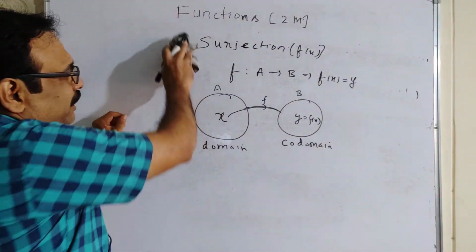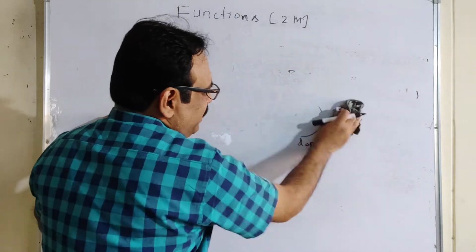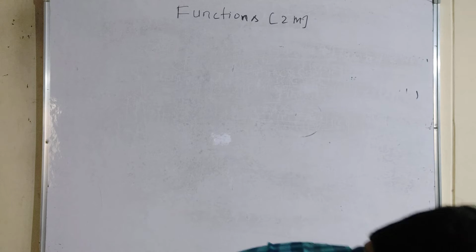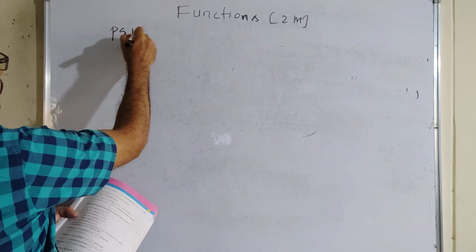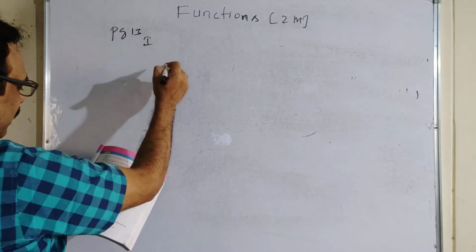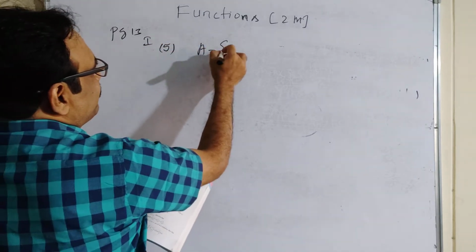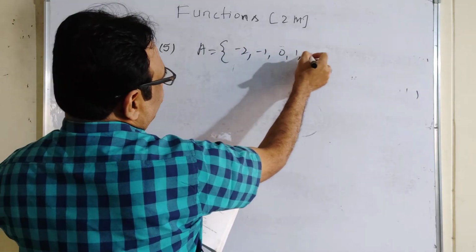For example, mainly there are 3 problems we need to focus on, and these 3 problems are very important. For example, page number 13, Roman number 1 and problem number 5, which is connected to A is equal to -2, -1, 0, 1, 2.